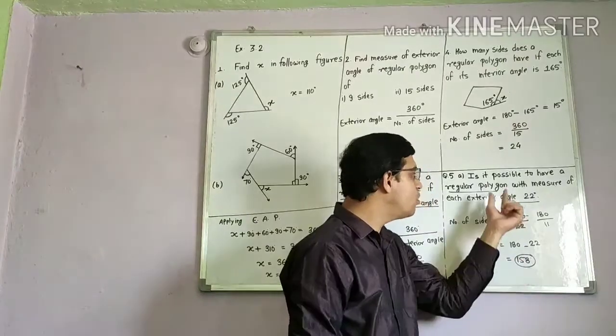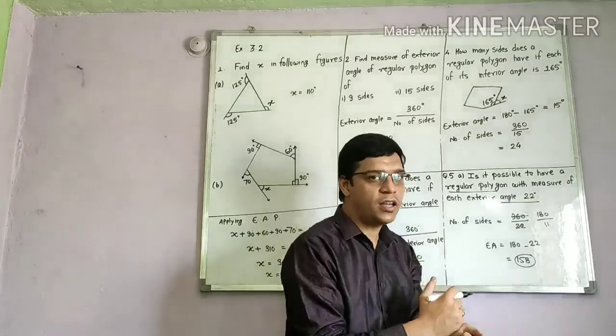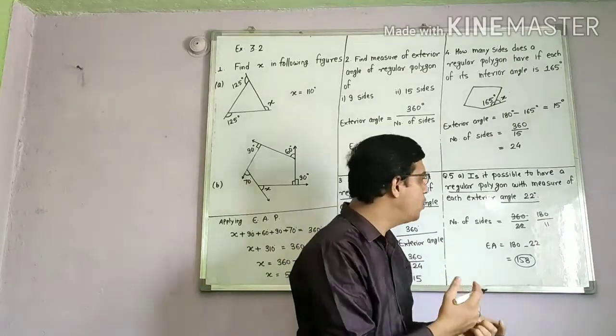So it is not possible that 22 degree is exterior angle or interior angle of any regular polygon.